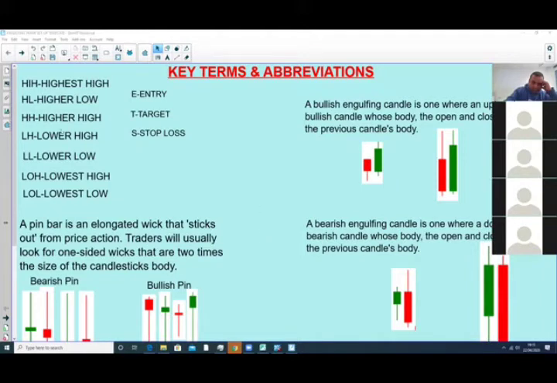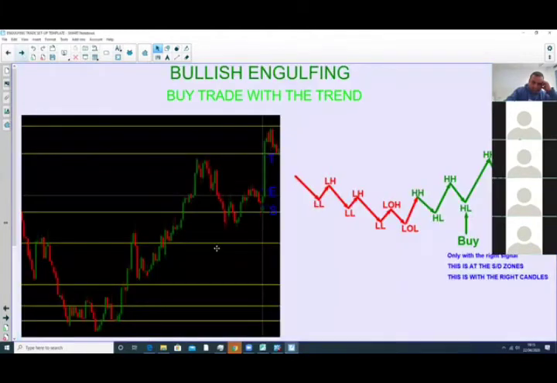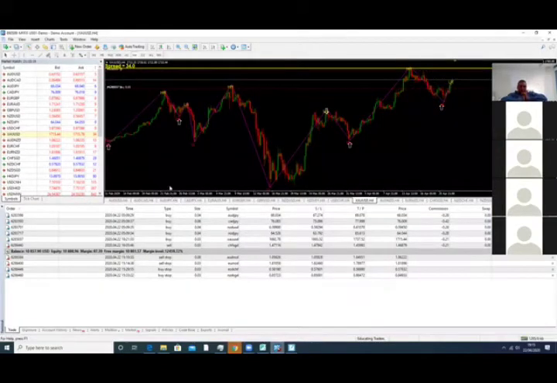Now, the next thing I'm looking at is what we call supply and demand zones. I'm going to show you the start of the journey. Let's look at, say, the Euro Aussie.